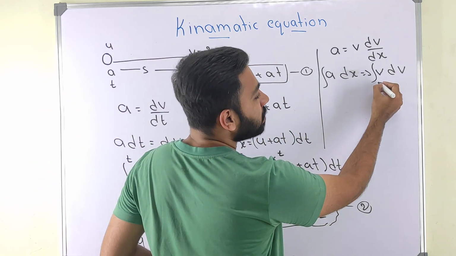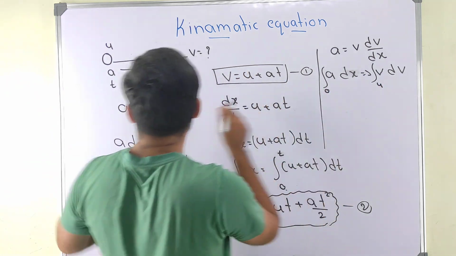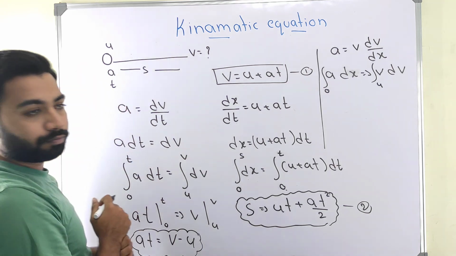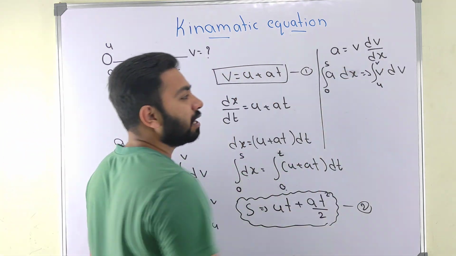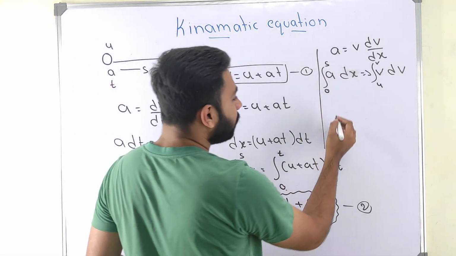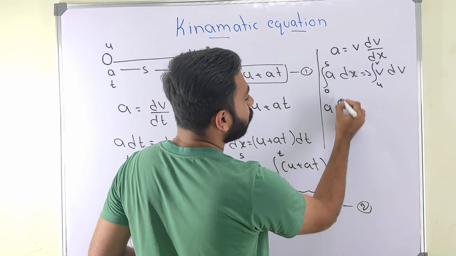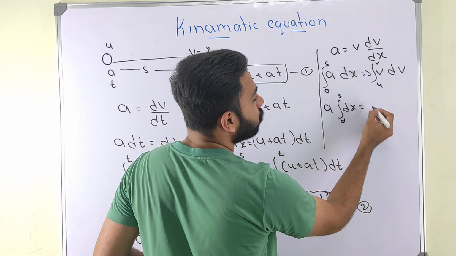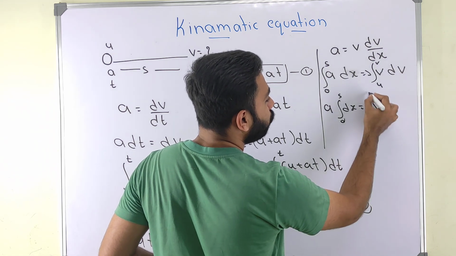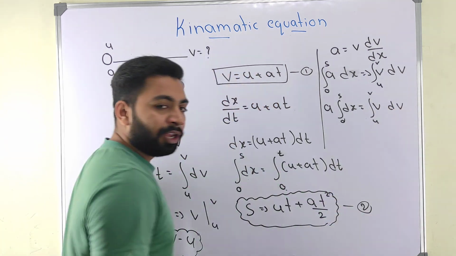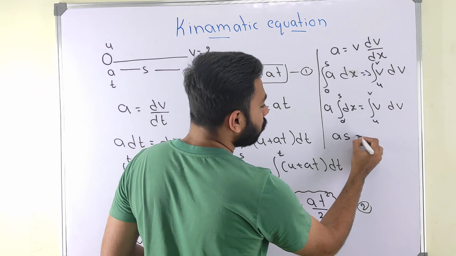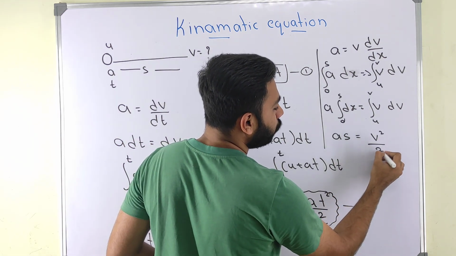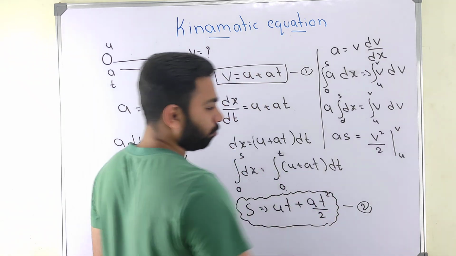When my velocity was initial, my distance was 0. Initial distance 0. When my velocity was V, I traveled some distance S. On integrating this, I will get the integral from 0 to S of a dx, which is equal to the integral from u to v of v dv. On integrating this, I will get aS, which is equal to v square by 2, going from u to v.